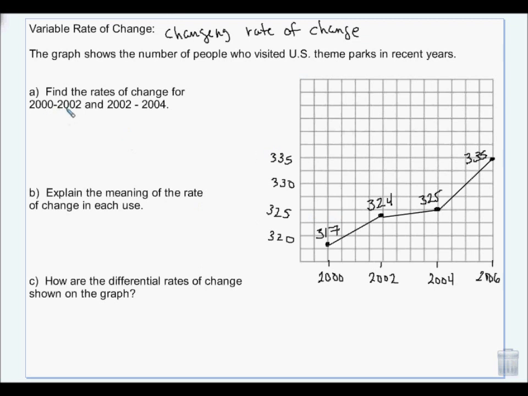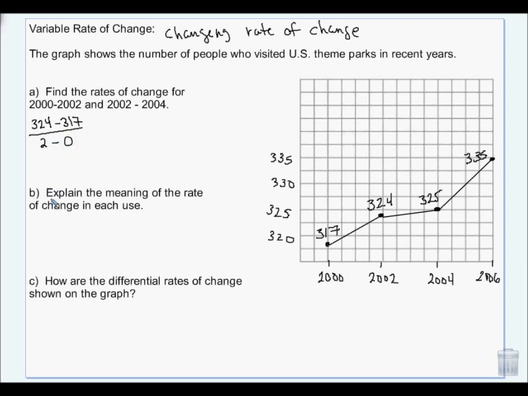So we want to find the rate of change for 2000 to 2002, and then the rate of change for 2002 to 2004. Okay. So here's 2000 to 2002, and here's 2002 to 2004. This is X, this is Y. All right. So I'm going to do my Y's over my X's, and I'm going to do 2002 minus 2000.